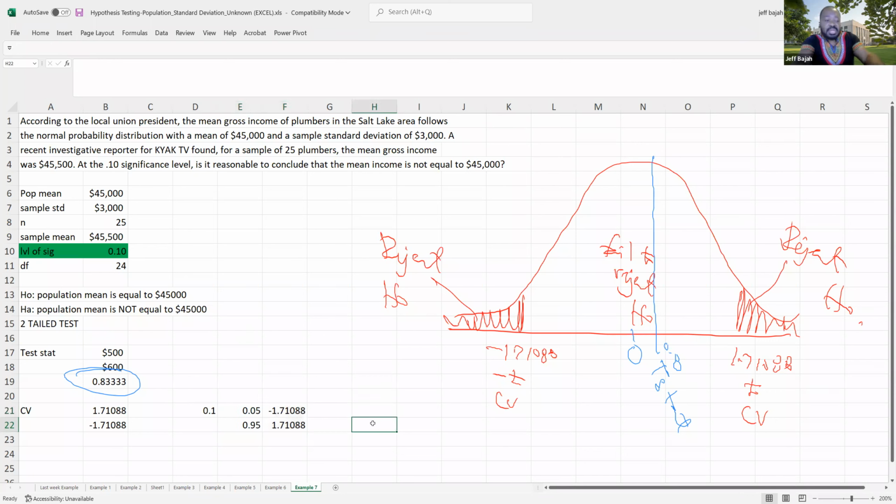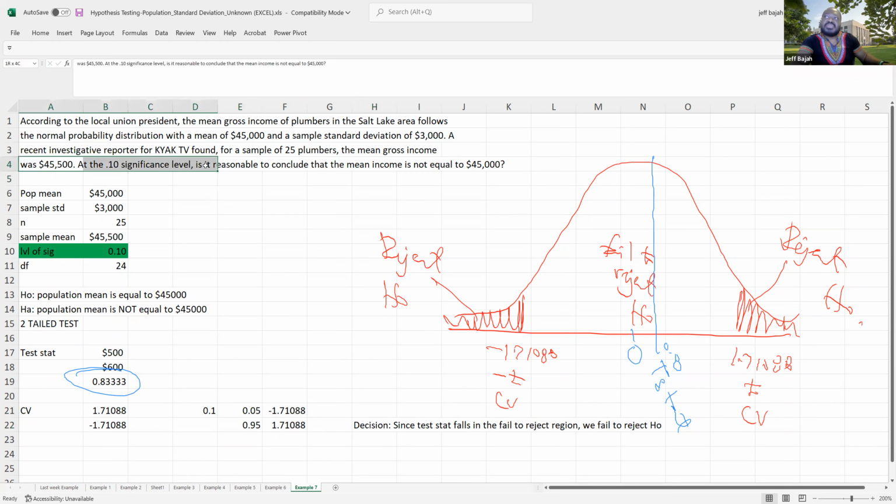So we're going to come here and say, okay, what's our decision? Since the test stat falls in the fail to reject region, we fail to reject H0. Remember, the goal here is: is it reasonable to conclude that the mean income of the plumbers is not equal to 45?